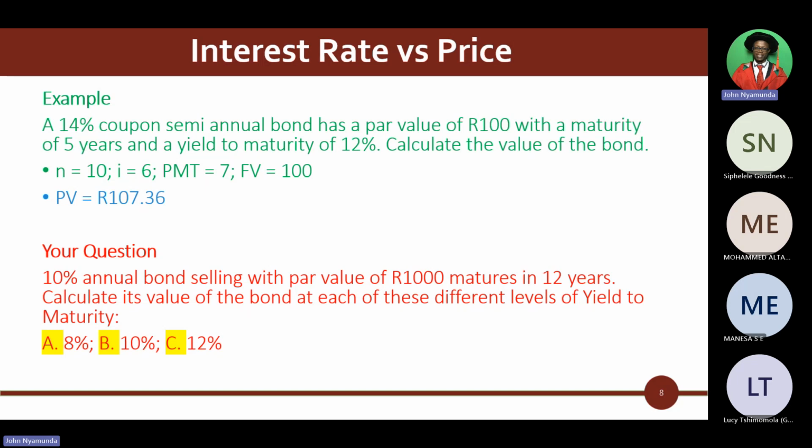Let's go A, B, C. So do A. Once you put all your factors for 8%, ladies and gentlemen, the only thing you will need to change is the I, to 10, then to 12. Then you post.